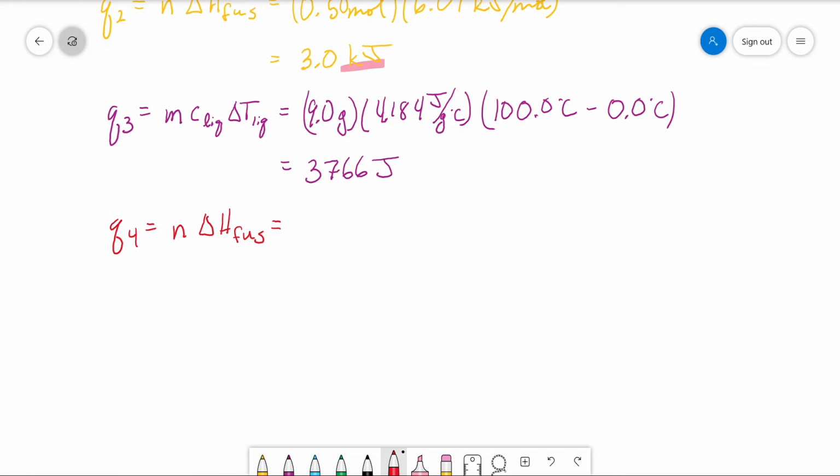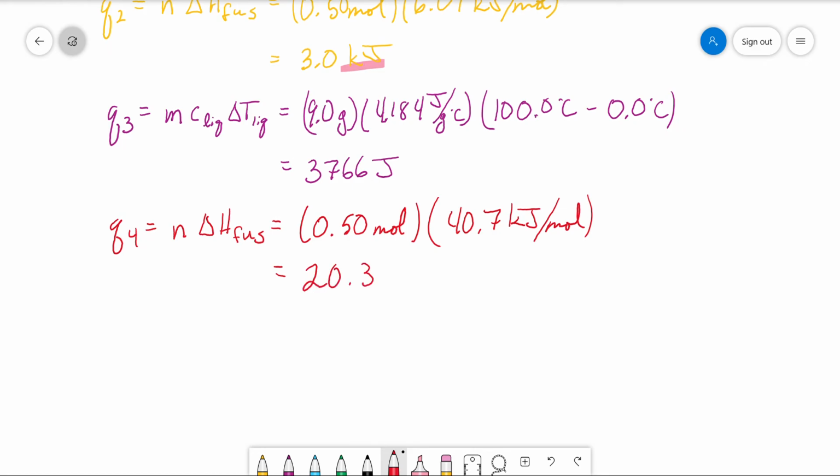That would mean 0 energy required to vaporize the water, and you could set a pot of water on the stove, never turn the stove on, and boil pasta, which wouldn't make any sense. So again, 0.50 moles of H2O times 40.7 kilojoules per mole, and I come out with 20.3 kilojoules.